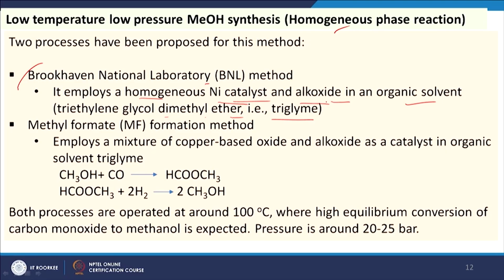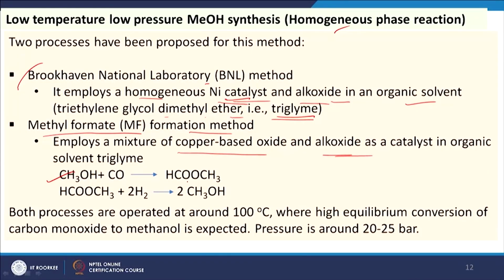Then in this liquid phase syngas is passed through it and the reaction takes place. Another is the methyl formate formation method, which employs a mixture of copper based oxide and alkoxide as a catalyst. So, one is a nickel based catalyst, another is a copper based catalyst, and with alkoxide and this triglyme solvent medium people have studied the conversion of syngas to methanol.